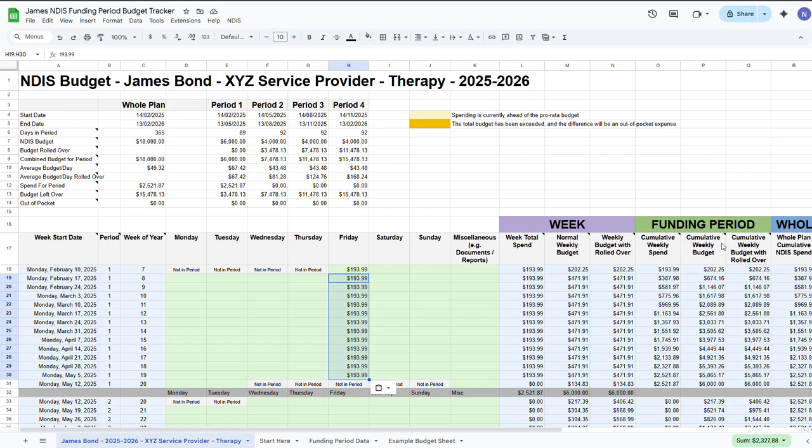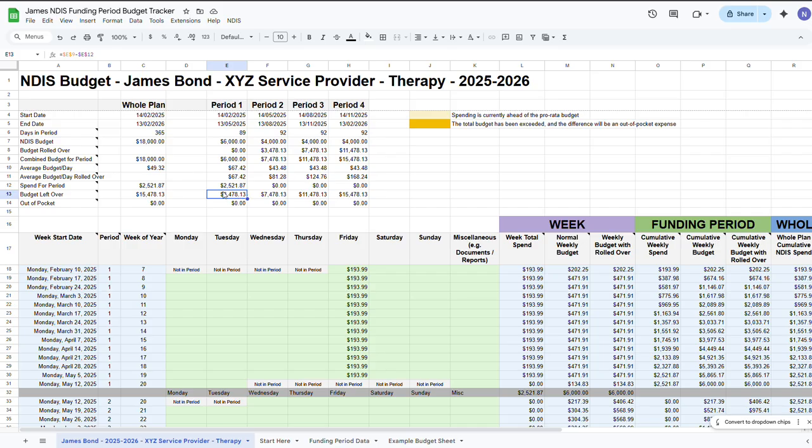So my cumulative spend is $2,000. At the very end of the funding period, I've spent $2,521.87. And if you come up and have a look, for period 1, I've spent that amount, which I just said, and the amount left over is $3,478.13.